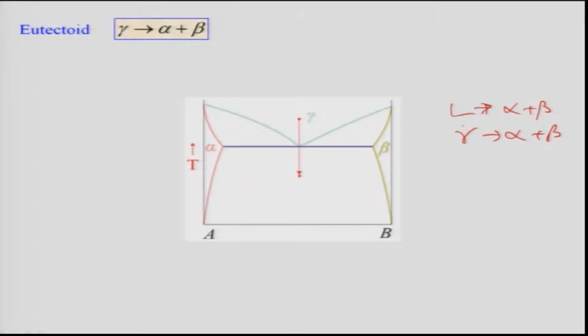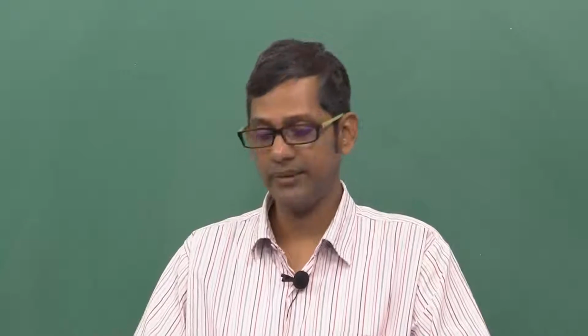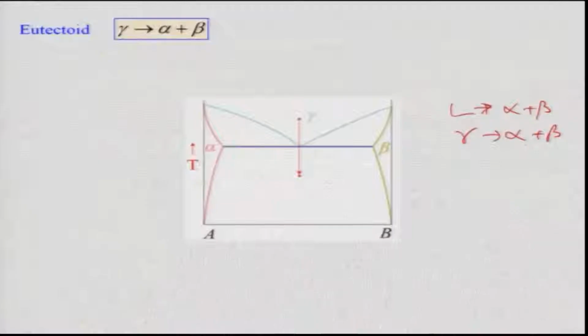Whenever you see eutectic or peritectic, with the tic in the word, that means the transformation involves a liquid phase. But the moment you see toid in the word, that means the transformation is in the solid state. So, eutectoid is a solid state version of the eutectic. As you see, the phase diagram looks similar, gamma going to alpha plus beta here, and eutectic is liquid going to alpha plus beta.